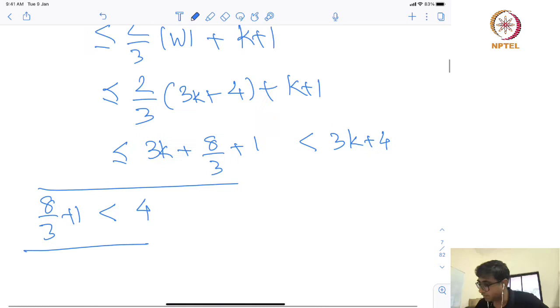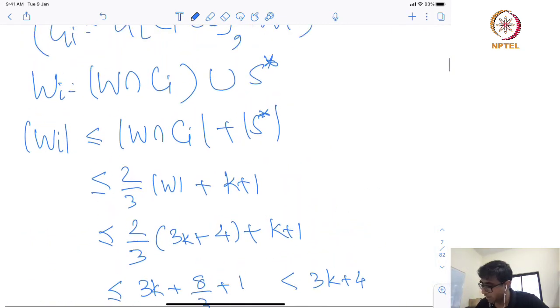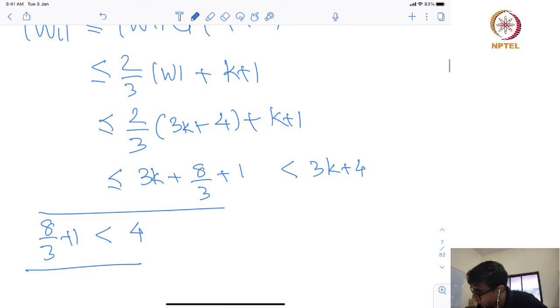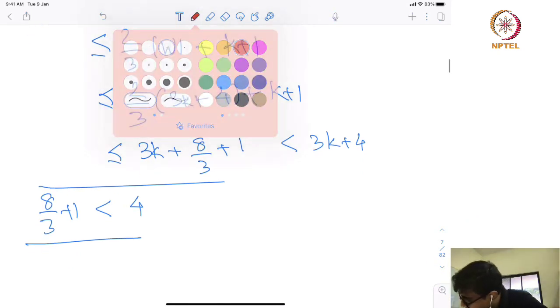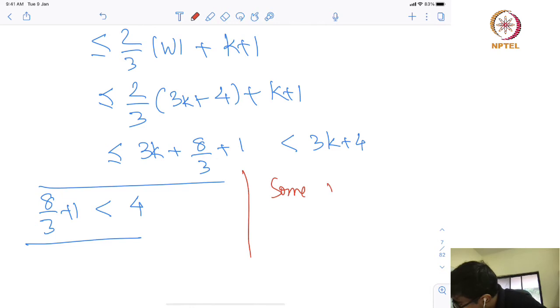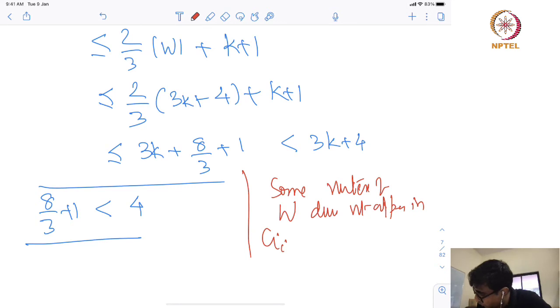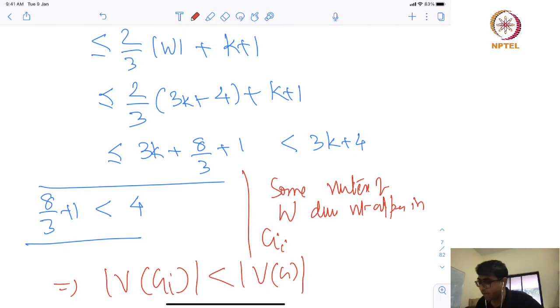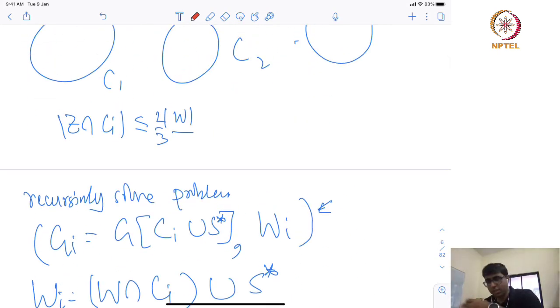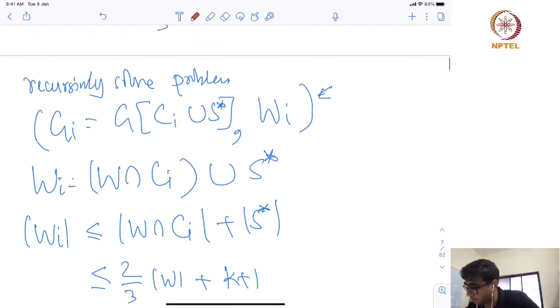This implies that some vertex of W does not appear in Gi, which implies the cardinality of V(Gi) is strictly less than V(G), and hence we make some sort of progress. So, you recursively solve the problem on this smaller instance.